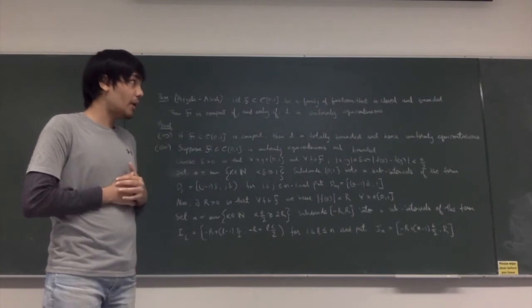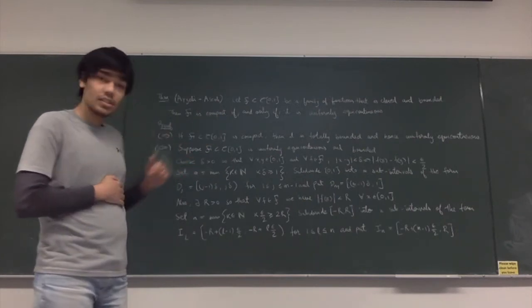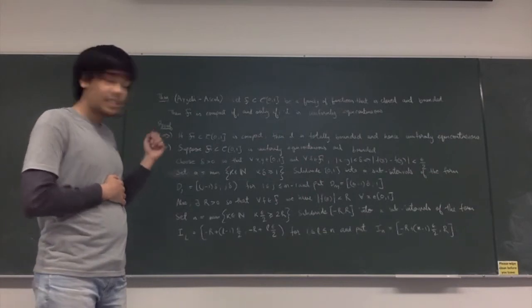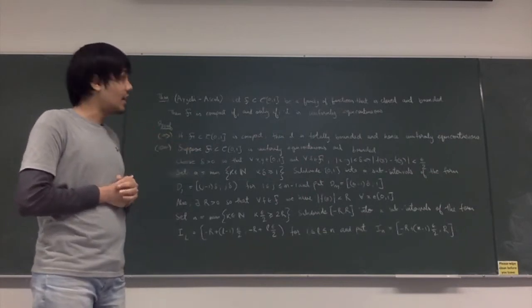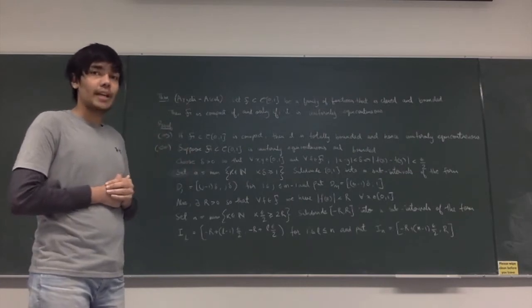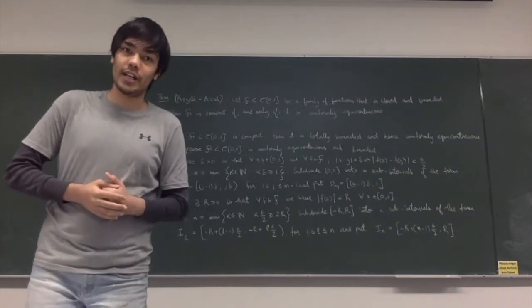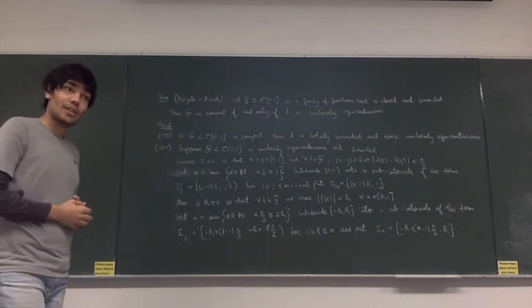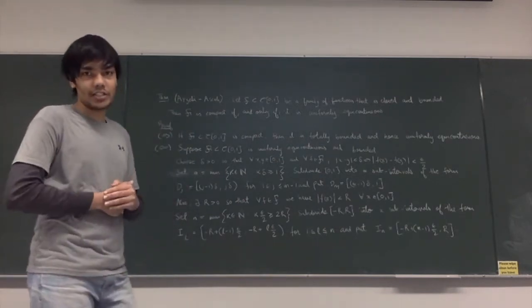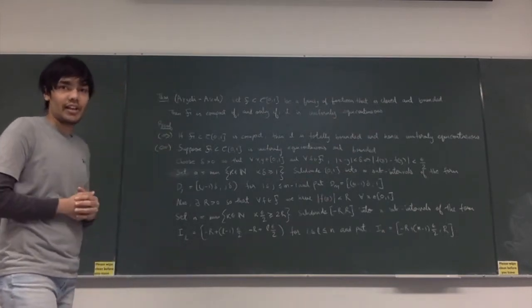So it must be totally bounded, and since it is a family of functions in C[0, 1], being totally bounded implies that it is uniformly equicontinuous, and it's as simple as that. That's the forward direction. Now we commence with the reverse direction, which is highly non-trivial but is very gratifying and very satisfying.